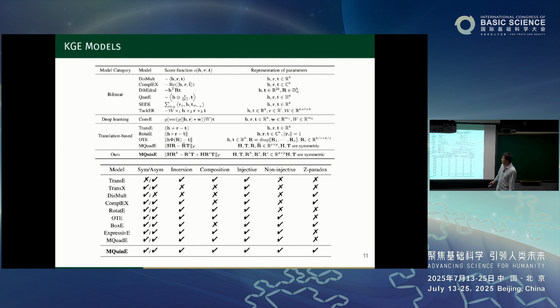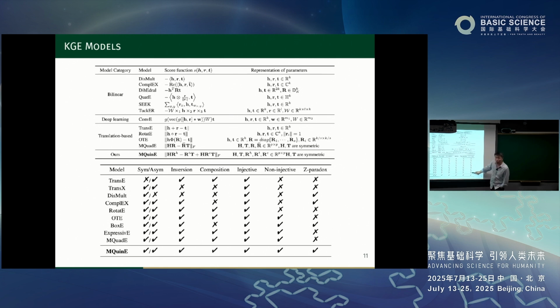But you want to preserve all these properties, right? The last 2 methods are ours. This one is our method. This one is also ours.